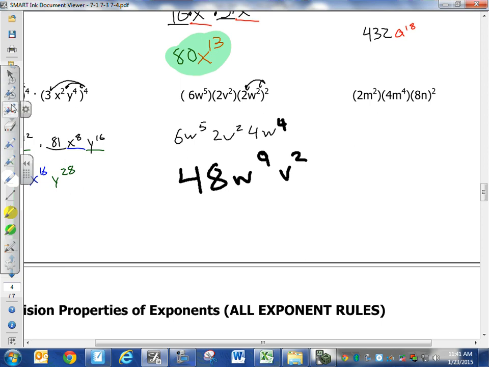Last one for this lesson, not today, but for multiplication. Two m squared, 4m to the 4th, 8n squared. No talking. Everybody does it individually. And wait till I put the answer up.